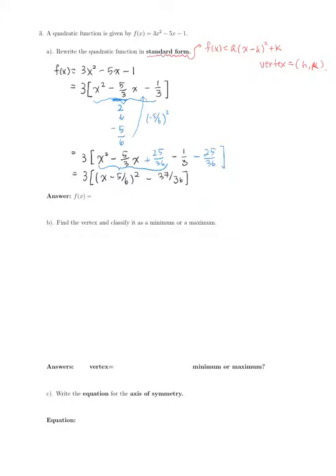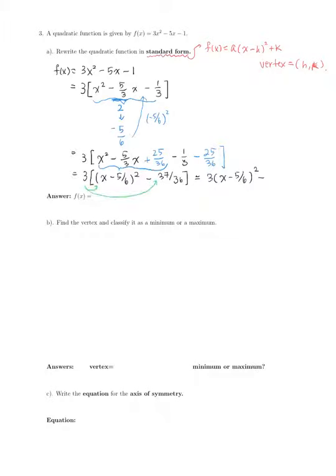So therefore, it looks like our f of x is going to look like 3 times x minus 5 over 6 squared minus, now I'm going to distribute the 3 to each term. So 3 times this, and then 3 times that.